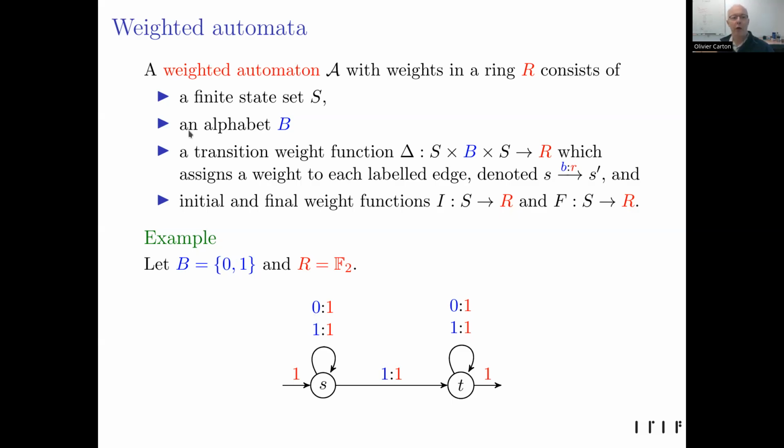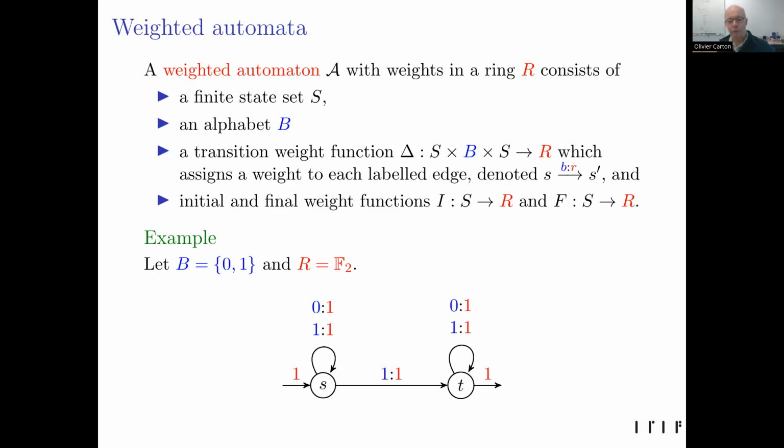So we have a function which assigns to each transition a weight in R, and the same with a function which assigns an initial weight, and another one which assigns final weights to states.